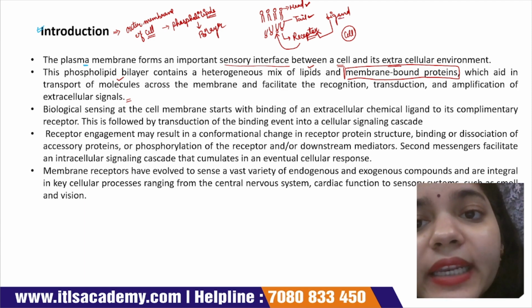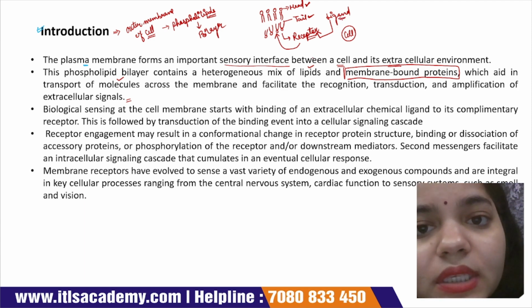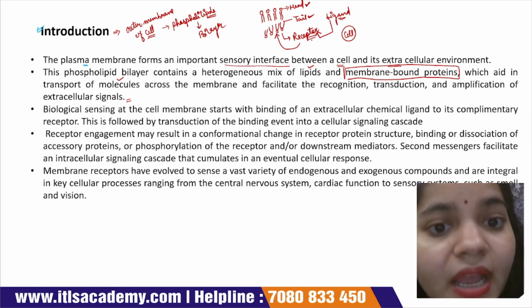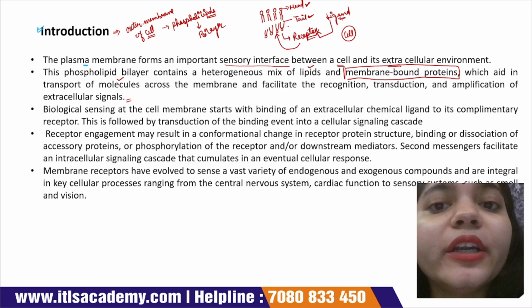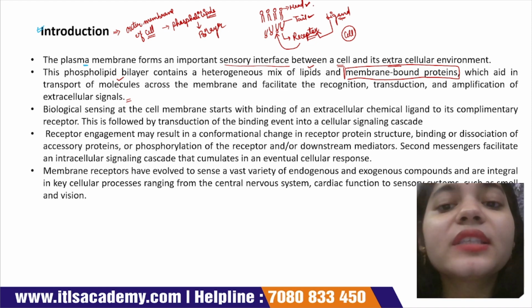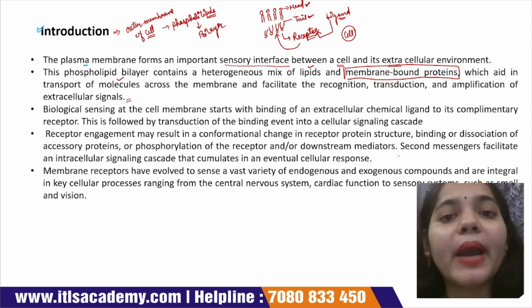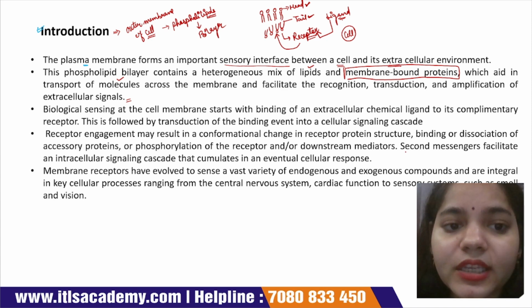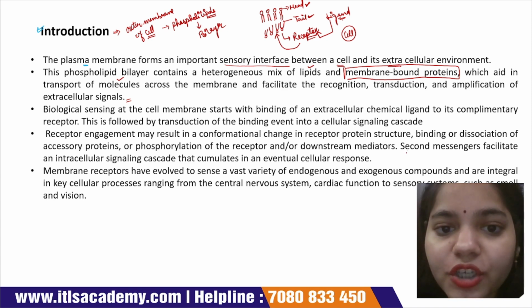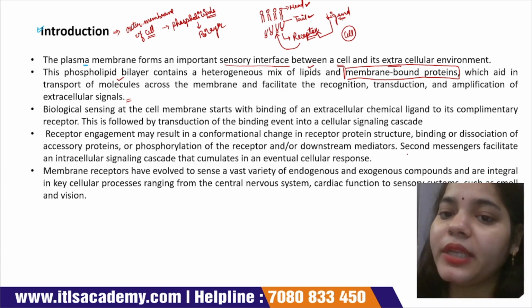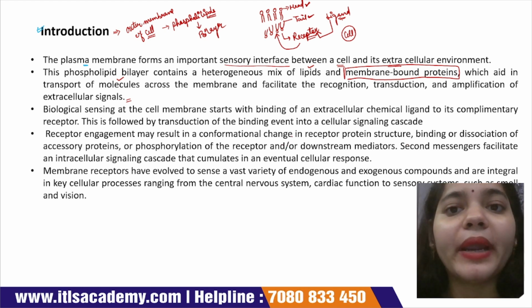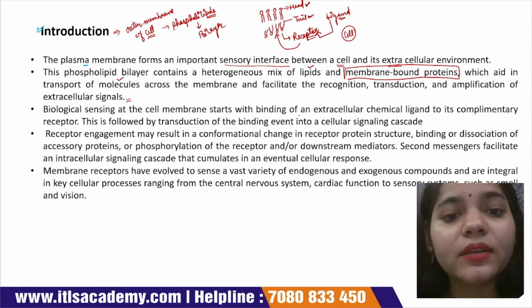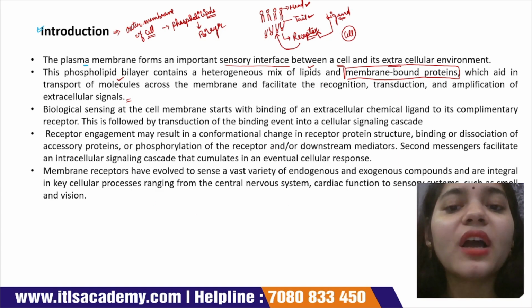Whenever the ligand binds to the receptor, some conformational changes occur in the receptor. These may be binding or dissociation of accessory proteins, or phosphorylation of the receptor and downstream mediator. Whenever the primary messenger binds to the receptor, these conformational changes occur.